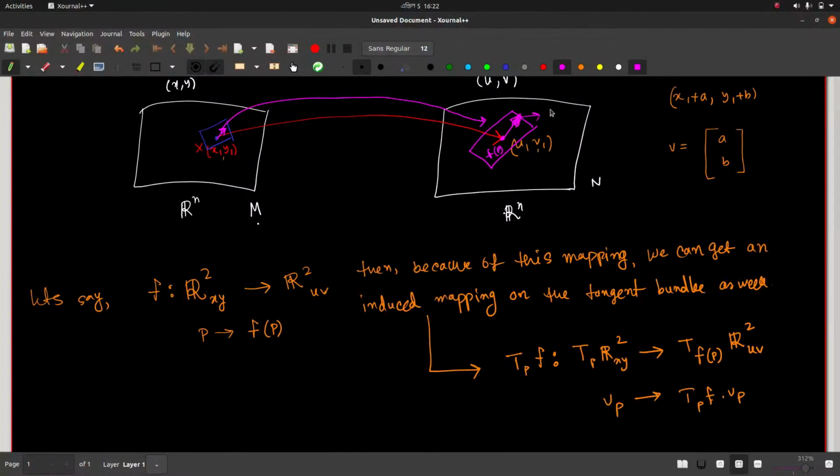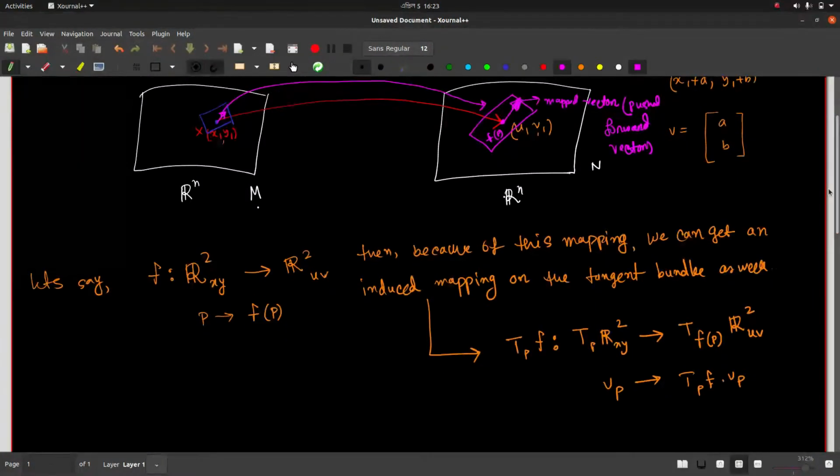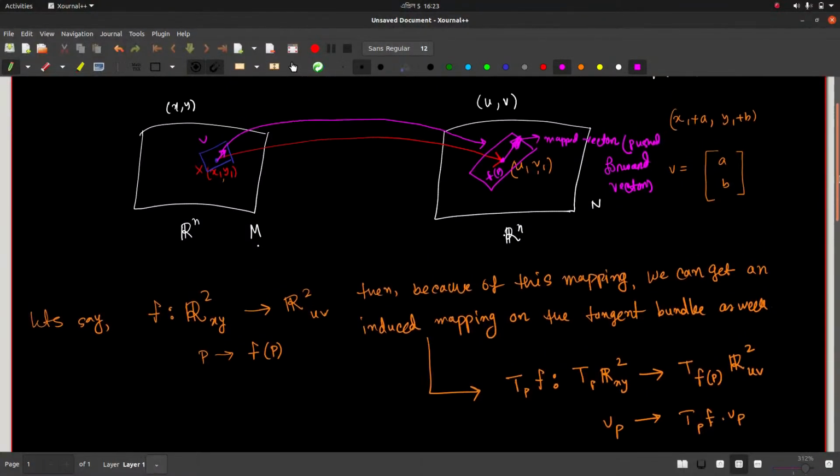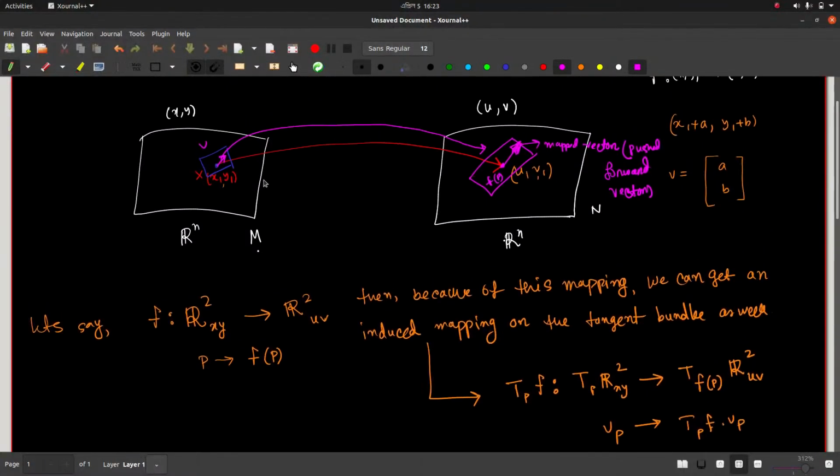So this is the mapped vector, or so to say the pushed forward vector. And if you want to determine how a vector like v gets mapped into a push forward vector, first we have to consider how this function itself is taking the points from M and mapping them to N.